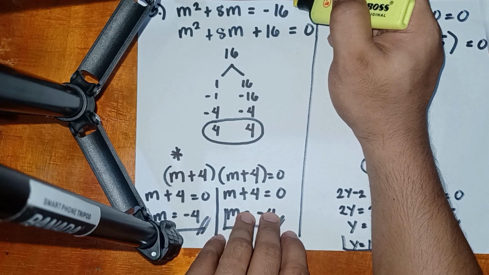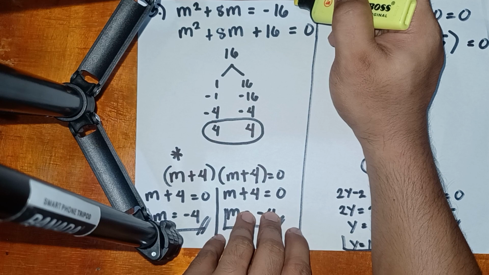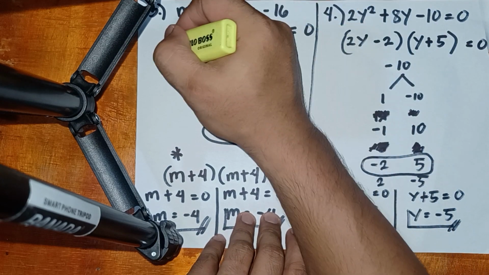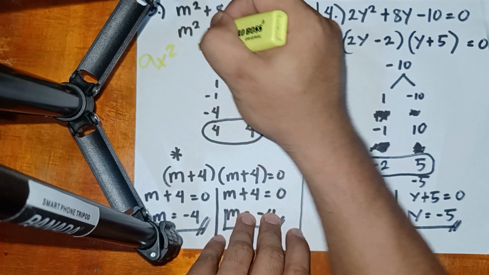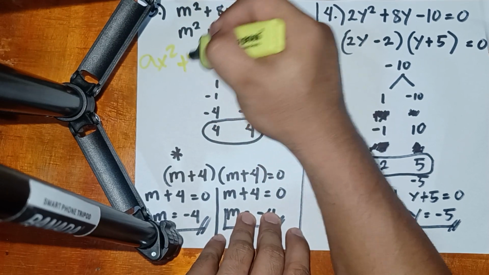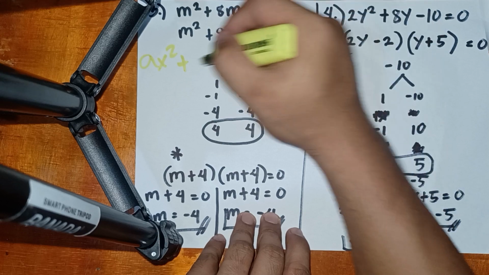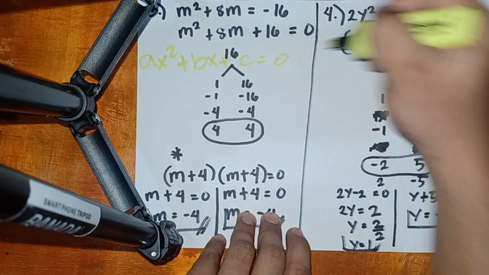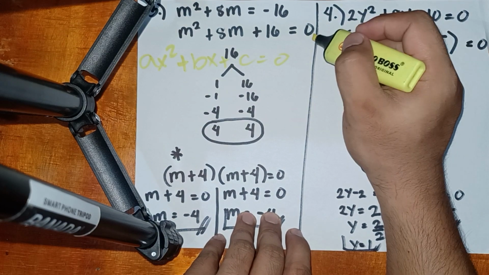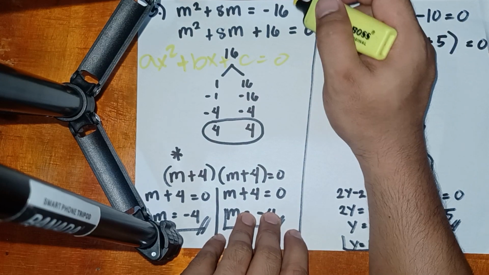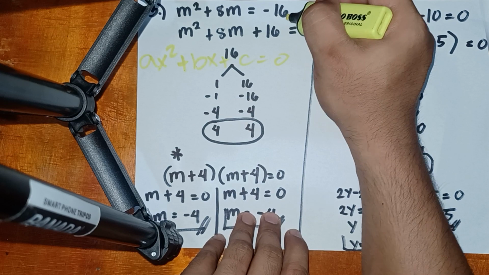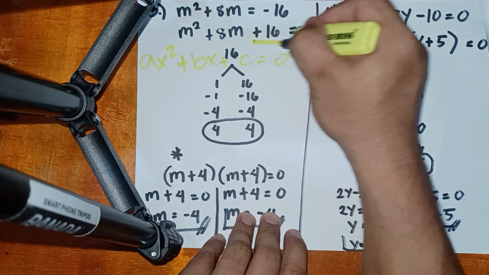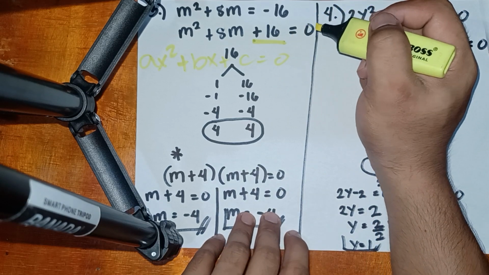The standard form would be ax squared plus bx plus c is equal to 0. For this to be in standard form, you need to transpose negative 16 to the other side of the equal sign, so that it becomes positive 16.